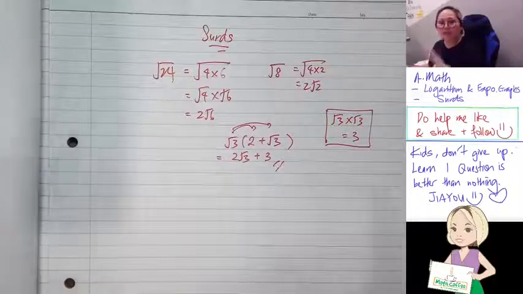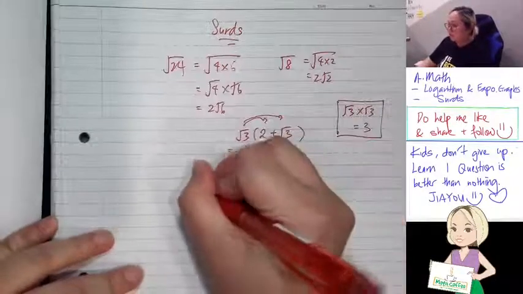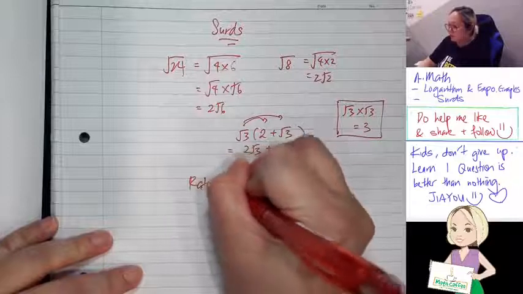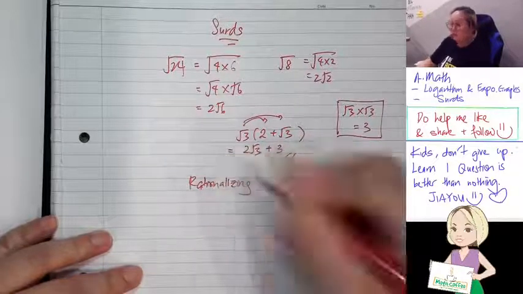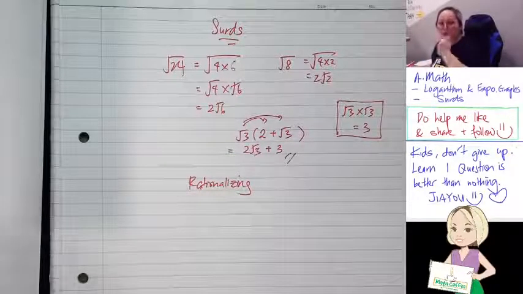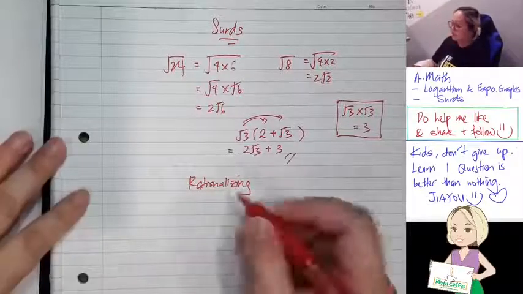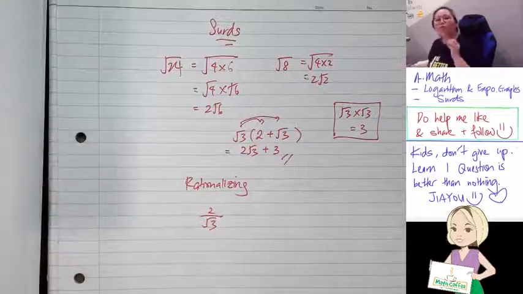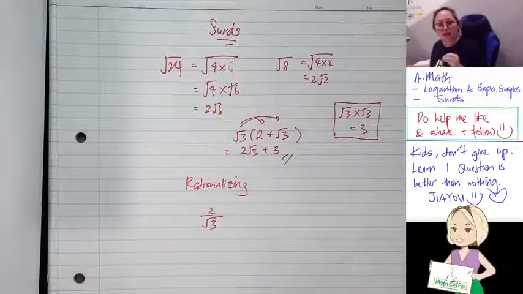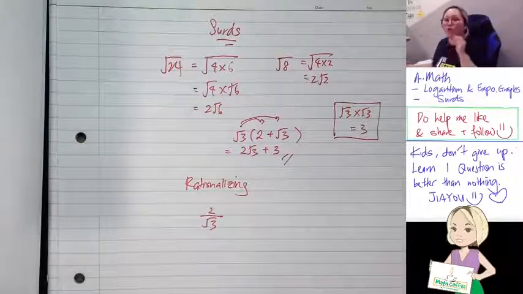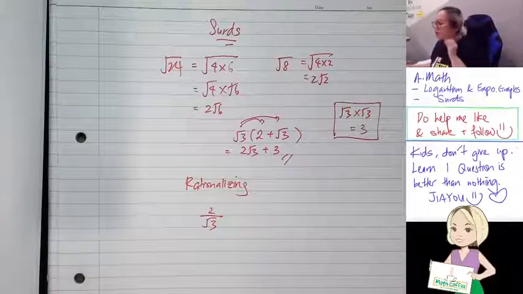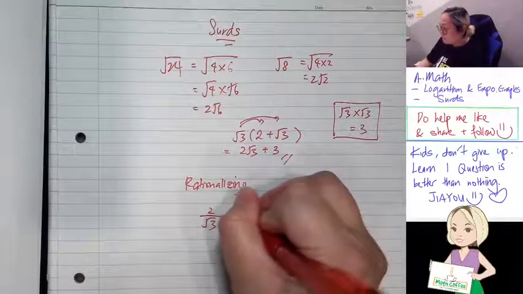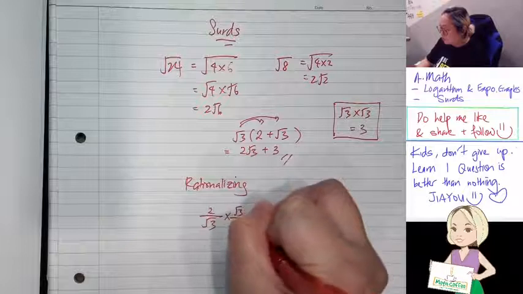Okay, next is rationalizing. Basically, you only have two types of rationalizing. So let's say, for example, I have 2 over square root 3. Rules say that my denominator cannot have surds. So you need to rationalize. To rationalize, I just need to multiply by square root 3 over square root 3.